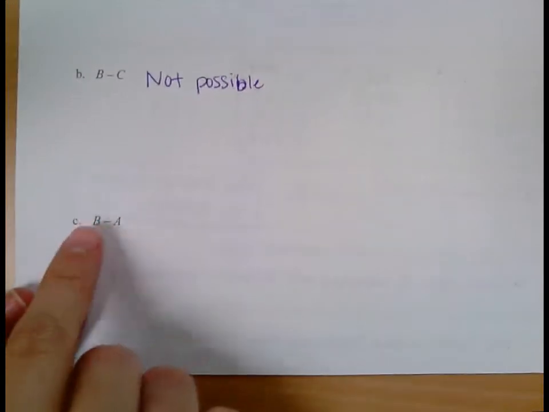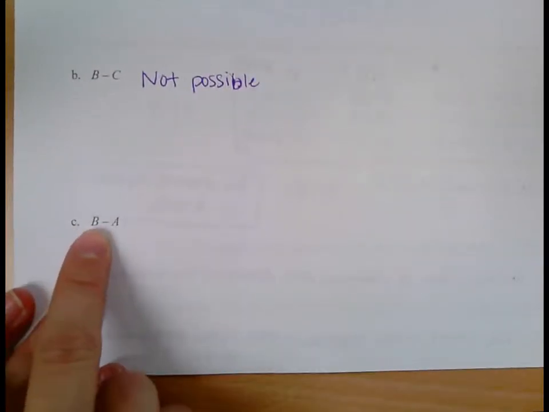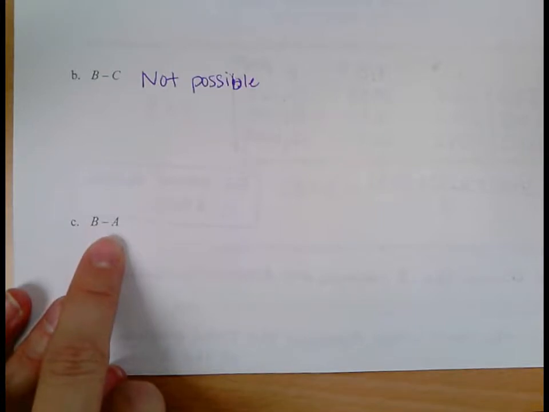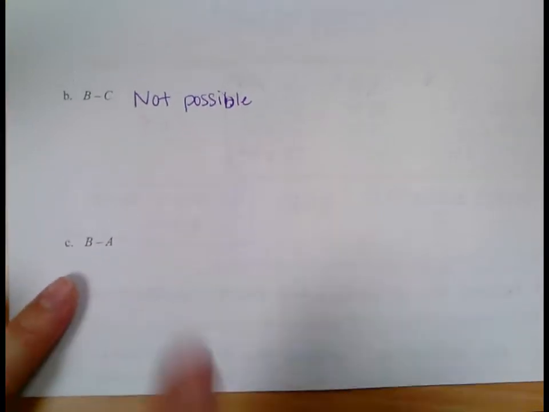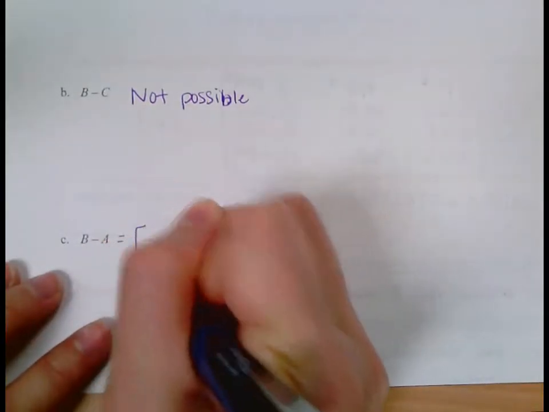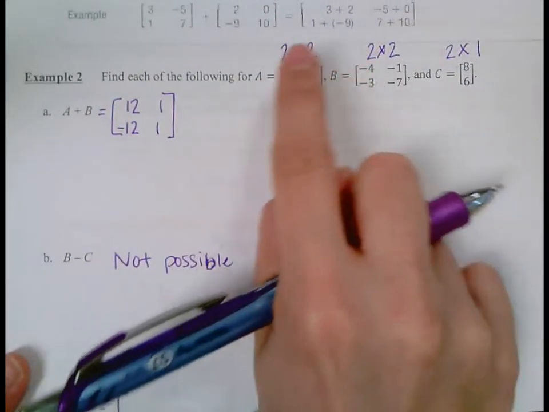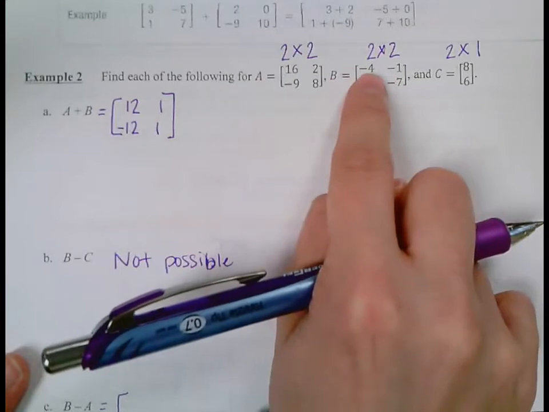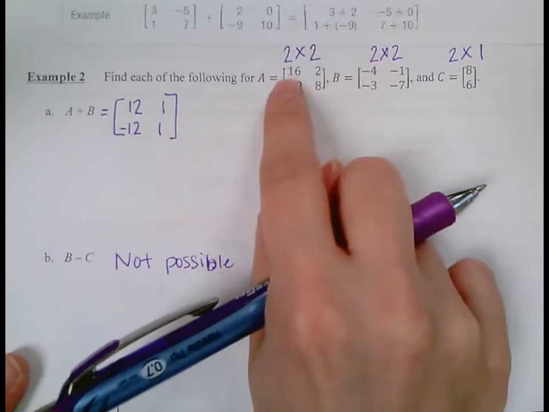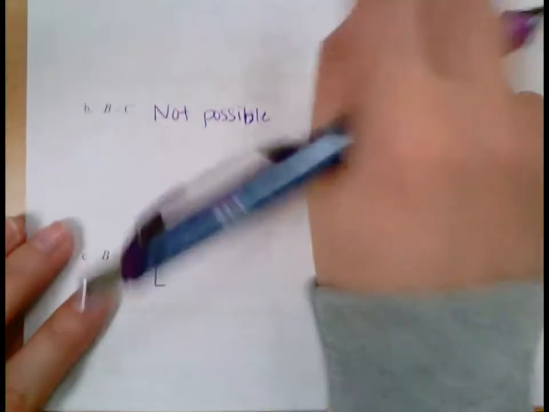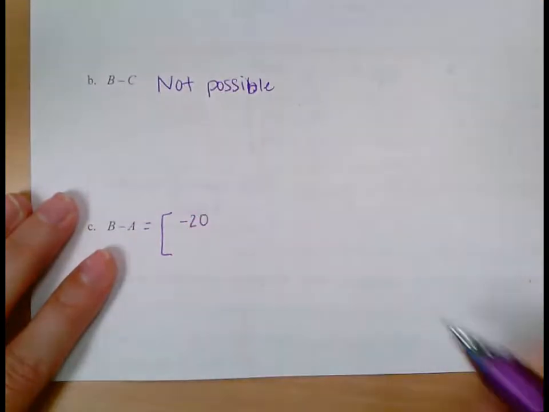And then part C, matrix B minus matrix A, are we able to subtract those two? Yes. So if I do that, subtract the corresponding elements, so I need to do B minus A. So I would have negative 4 minus 16, so that would be negative 20.